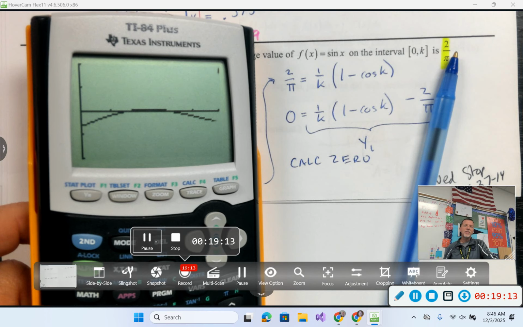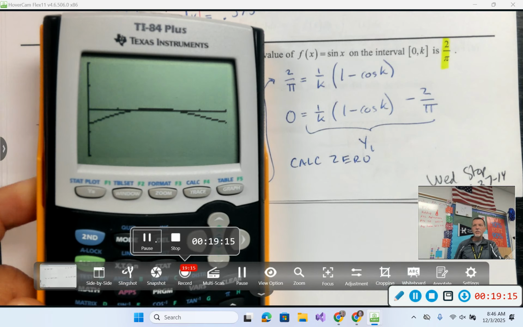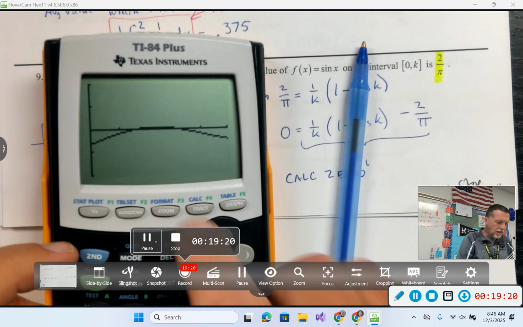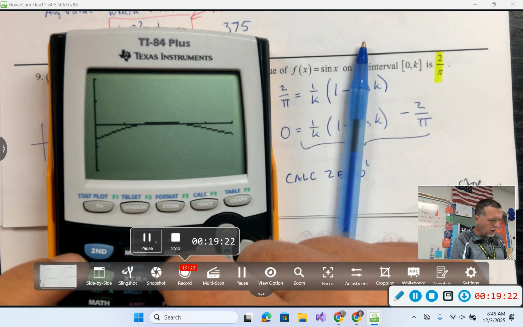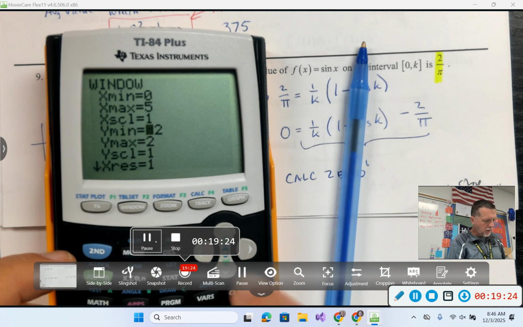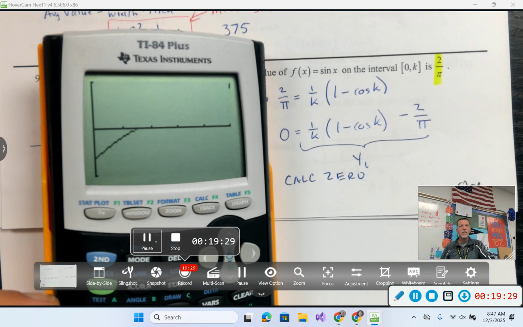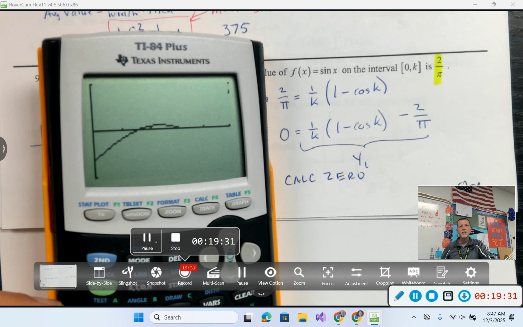Oof, that's still pretty hard to see. How many zeros, how many answers are there? I think there's 2. I could zoom in a little bit more, negative 1 to 1 even. That's good enough to see them both.